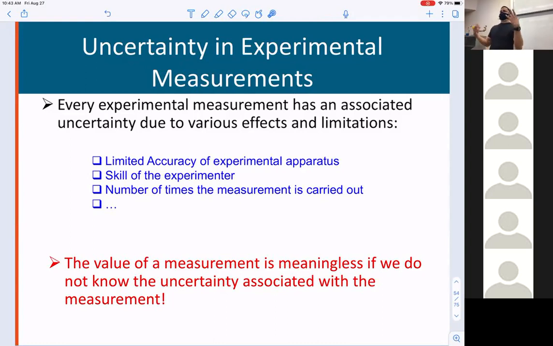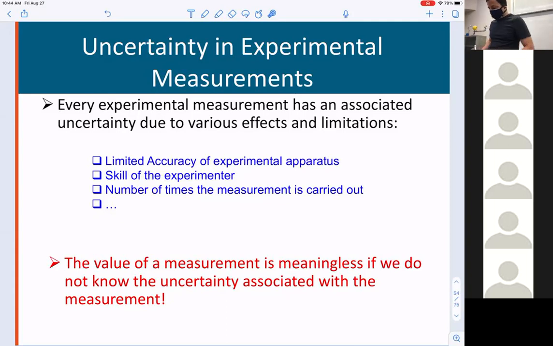So just to give you a sense of what that is, let me quickly start this part. What is the idea of significant figures? It is a quick and dirty way to communicate how confident you are in every digit that you write down when you write down some number for a measurement.